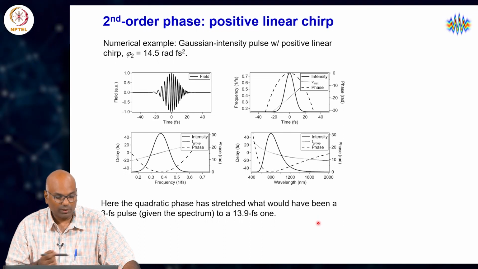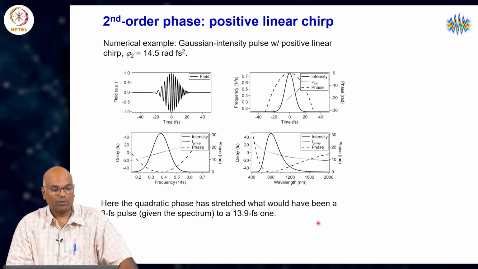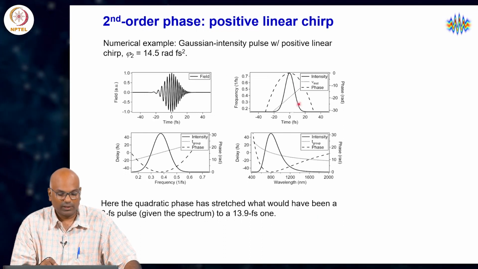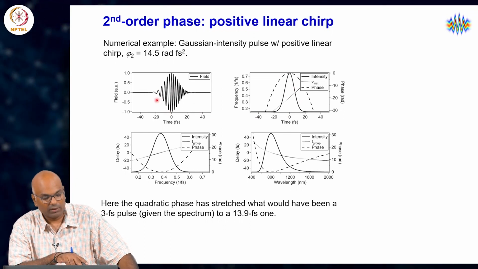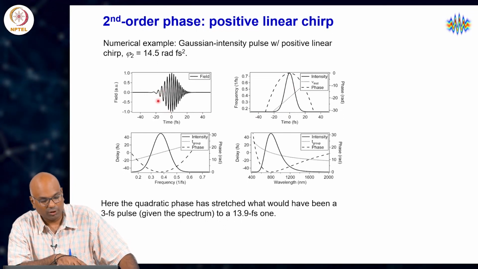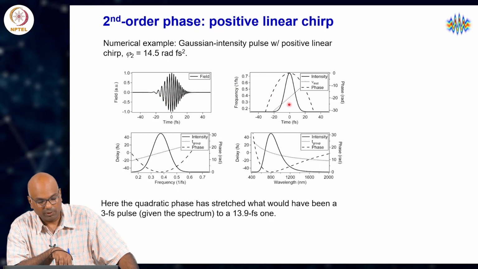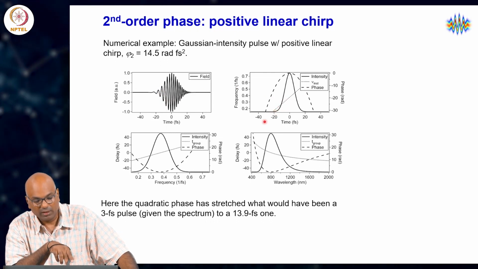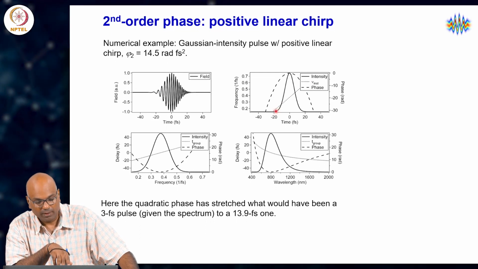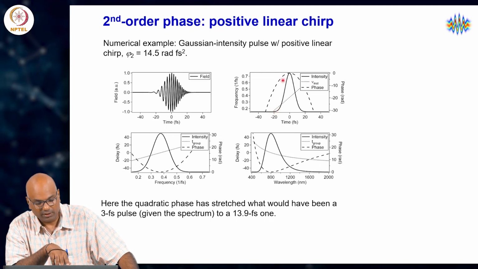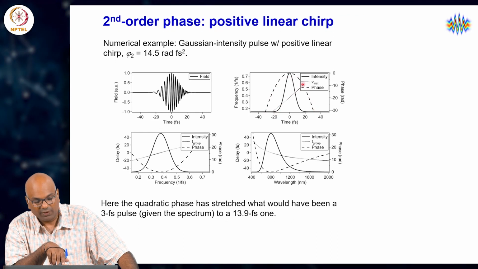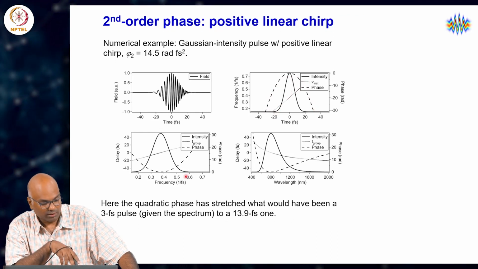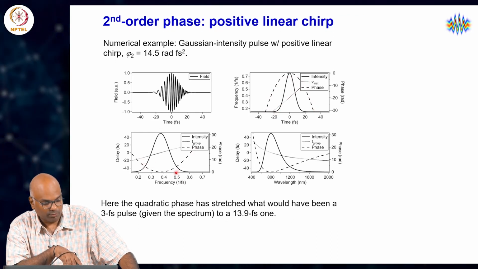We then looked at instructive examples of a positively linearly chirped pulse, a pulse carrying a positive linear chirp, and how it looks in the frequency domain. The instantaneous frequency varies linearly in time, whereas the instantaneous phase factor is essentially parabolic in both frequency and time.